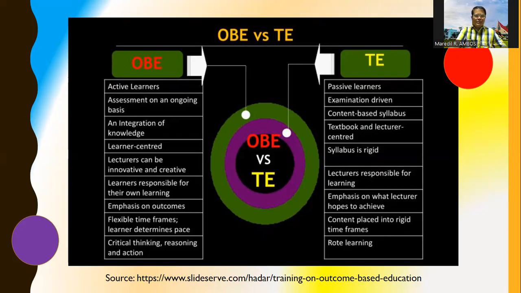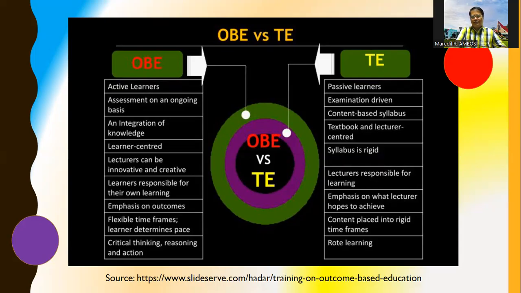And the focus is more on emphasis on outcomes. There are flexible time frames, and the learner determines the pace. While in traditional education, the emphasis is on what the lecturer hopes to achieve, and the content is placed into rigid time frames.